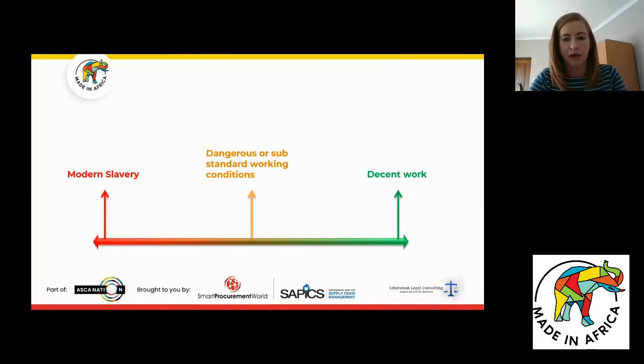In decent work environments, employee rights are respected and they are free to refuse or stop working. Employees are paid fairly and are at least paid minimum wage with a safe workplace environment.